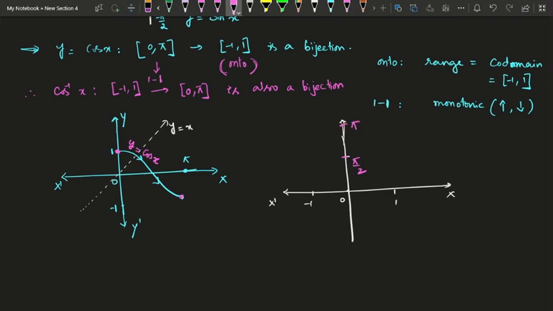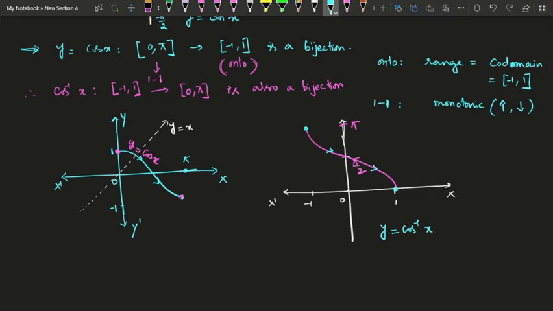So the graph looks like this. This is the graph of y equals cos inverse x in the closed interval minus 1 comma 1.